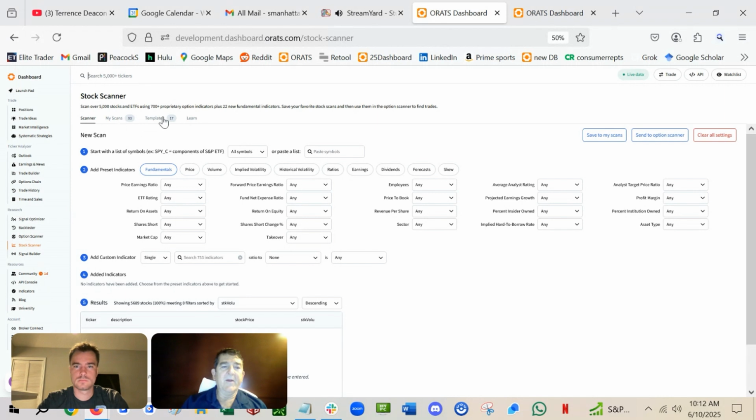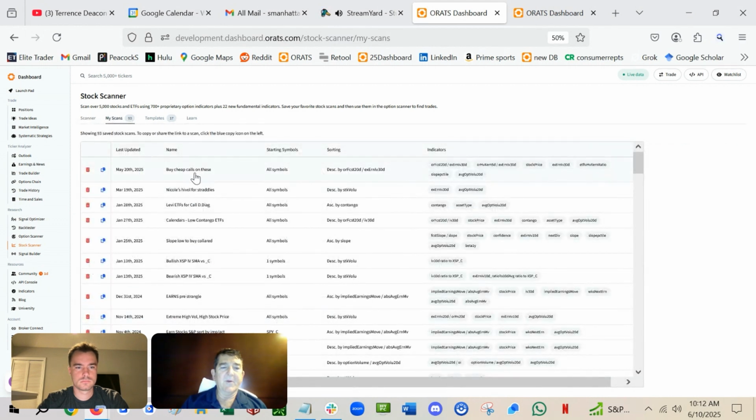We have templates, but we also have scans that I've saved. When you build these up, you just go buy cheap calls on these, and one of the criteria is ORATS forecast divided by X earnings implied volatility. That's one of the criteria you'll want to put in there.